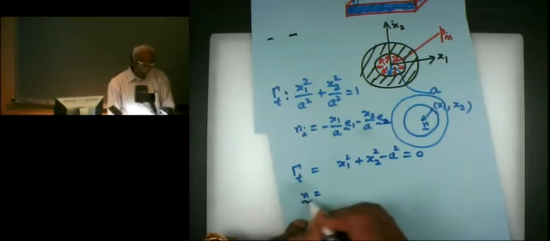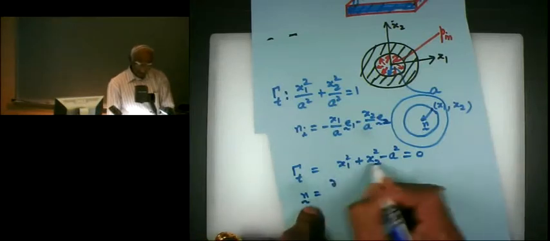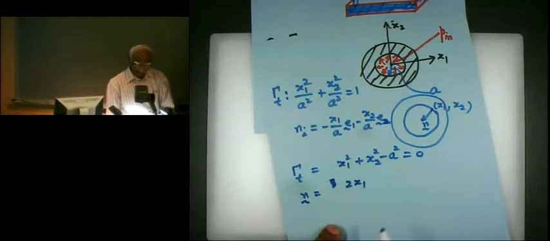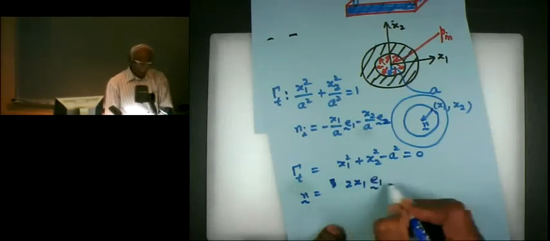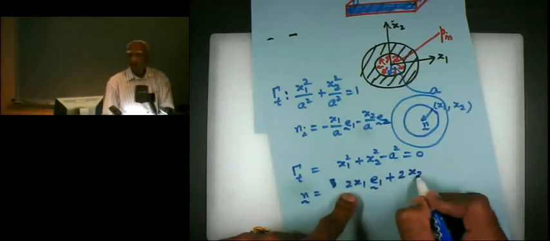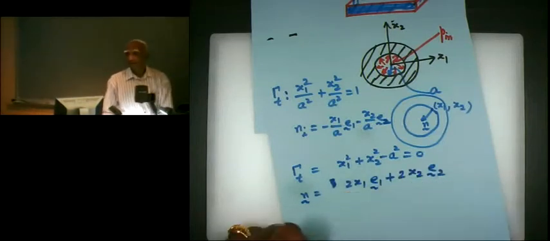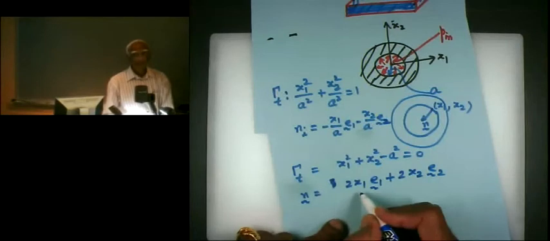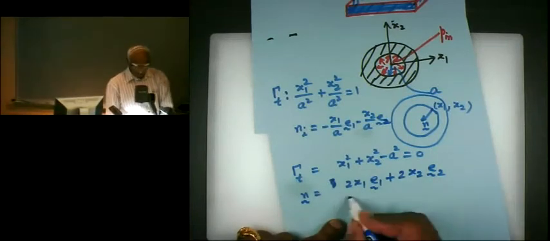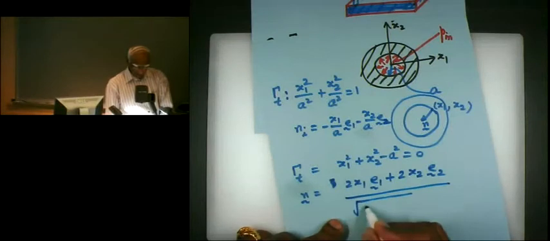So if you differentiate with respect to x1, you get twice x1, and thus along the e1 axis. Differentiate with respect to x2, you get twice x2 along the e2 axis. There is no differential with respect to x3, so that's 0. And now we have to normalize it because this is not a unit normal. So if you normalize it, you get the square root of 4 x1 squared plus 4 x2 squared.